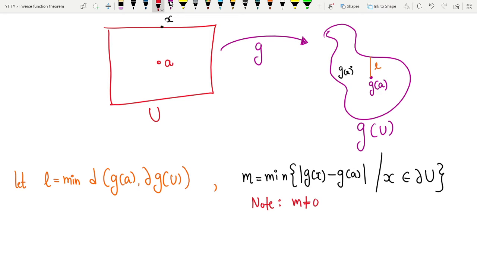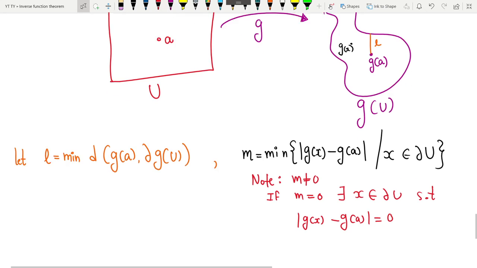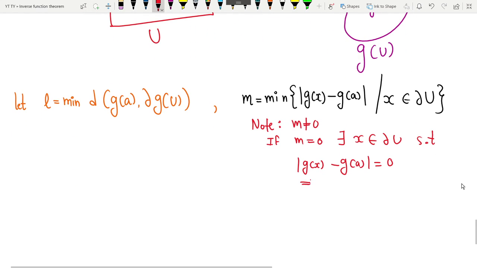Because suppose m is 0, that means there exists some point x on the boundary such that mod of g of x minus g of a is equal to 0. And when this distance between g of x and g of a is 0, this implies g of x must be the same as g of a. And which is not possible.